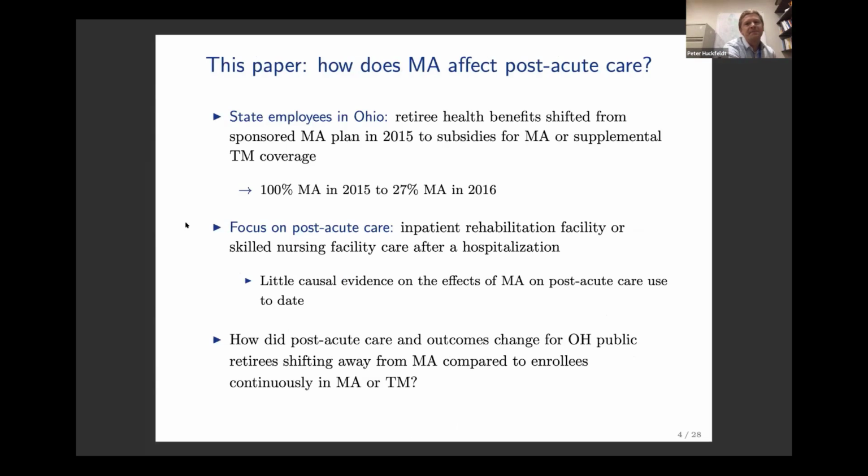In this paper, we're really trying to build on this causal evidence of the effects of Medicare Advantage. What we're doing is studying a policy shift in Ohio in 2016. Retired state workers in Ohio in 2015 had to receive their health benefits through a Medicare Advantage plan that was sponsored by the state.